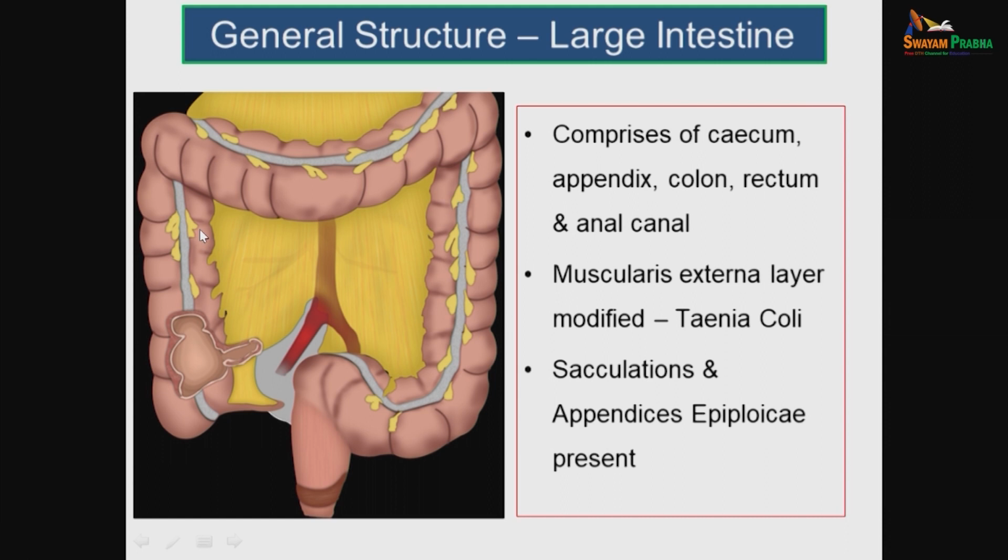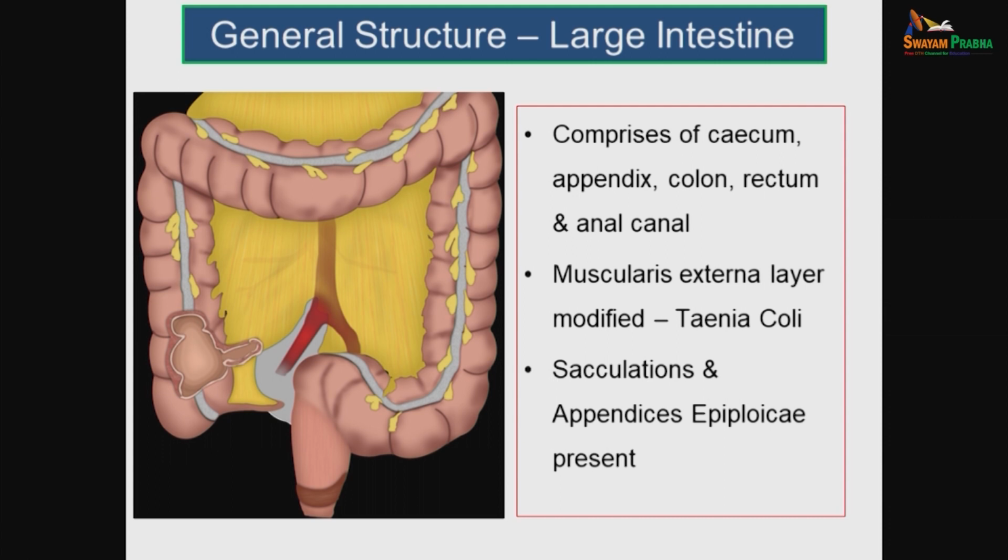Posteriorly, they rest on the posterior abdominal wall. They don't have a peritoneal covering. So if you take a section in the ascending or descending colon, we may not see the outermost serosa in the posterior aspect. We will see an adventitia, which is the connective tissue.